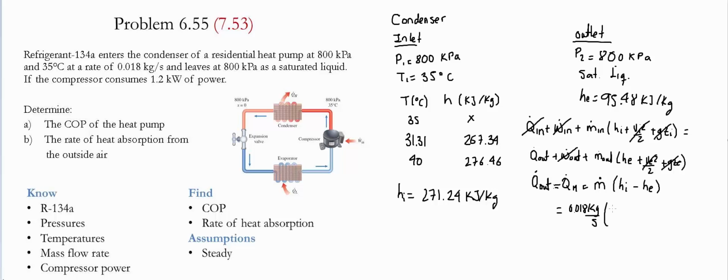And the difference between the enthalpies is 271.24 kilojoules per kilogram minus 95.48 kilojoules per kilogram. Notice that this value is going to give us 3.164. In the units, kilograms and kilograms cancel, and we have kilojoules divided by second, and that gives us kilowatts.